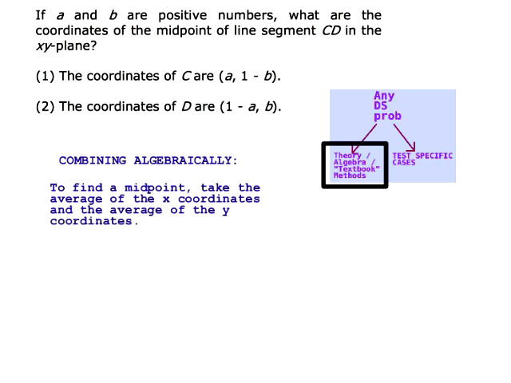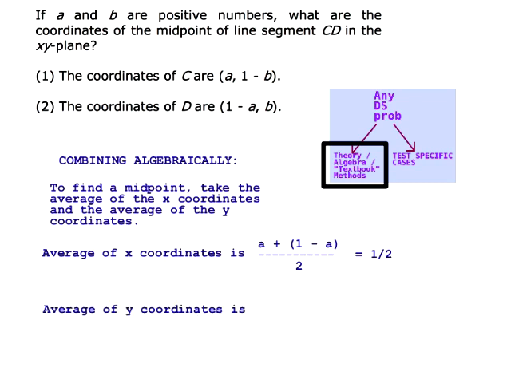So the average of the x coordinates is, you just add those up and divide by 2. So add A plus 1 minus A and divide by 2. That gives you 1/2, because the A's just cancel.